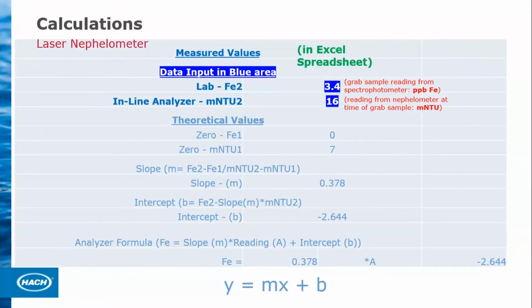We put that into our spreadsheet here, which is available. It's a very simple spreadsheet, but something that I could send to anyone that's interested. It creates an equation. Put that equation either into your DCS or into your controller if it's a smart enough controller to have that capability. And now you're going to be reading out in ppb iron continuously with a very low maintenance online surrogate analyzer.